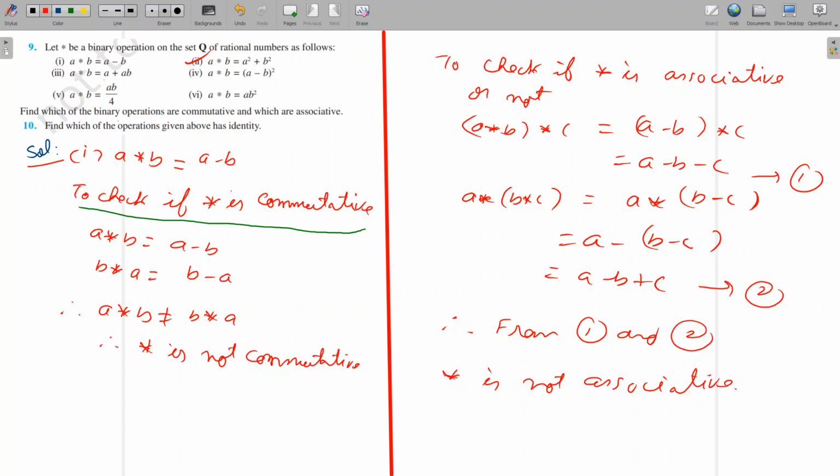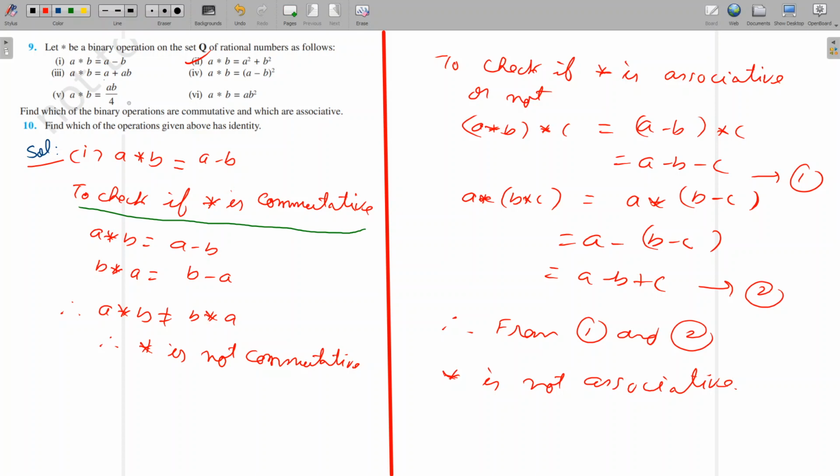Similarly, if you find the other one, A star B star C, then in that we'll get B star C will be BC by 4, and then we'll get A star BC by 4 as equal to ABC by 16.